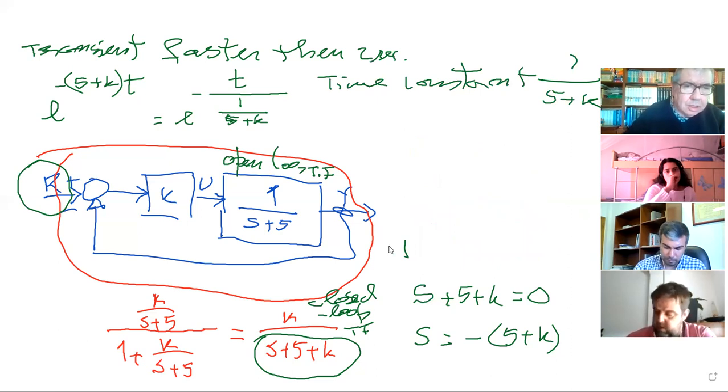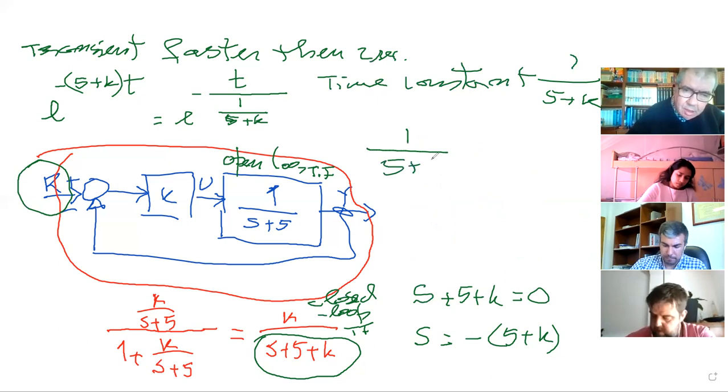So I want this time constant to be at most 2. So 1 divided by 5 plus K must be smaller or equal to 2. Now I solve this. This is 1 smaller or equal to 10 plus 2K.